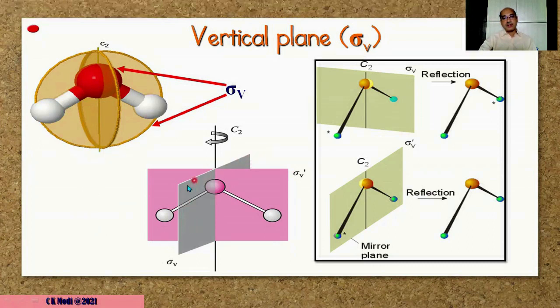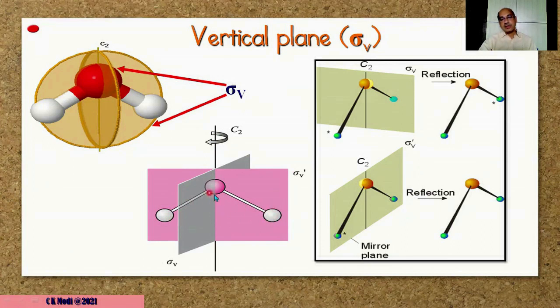Look at this. From here it will be clearly visible. Look at this one plane. This is called sigma V passing through the center. This is passing through the center of that molecule and divides it into two parts, both the parts being mirror images of each other, and it is also parallel to the rotation axis. Now the second plane, the pink plane, look at this. It passes through the molecule and cuts the atoms in such a way that half of this atom is the mirror image of the remaining part on the back side of that atom.